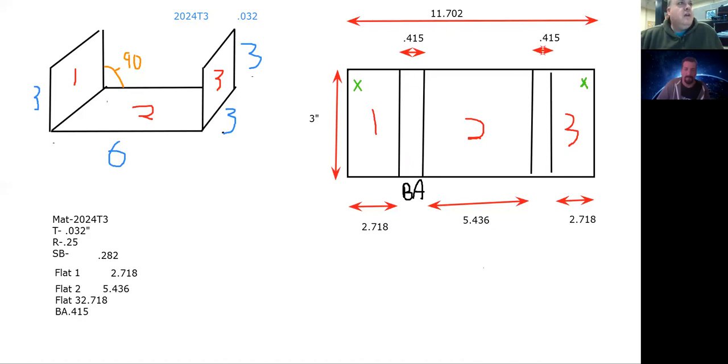It should be over halfway, because this bend allowance is only 0.415 and our radius is 0.25. So our radius is more than half of this distance of our bend allowance. So I kind of maybe over exaggerated it, but you get the message.